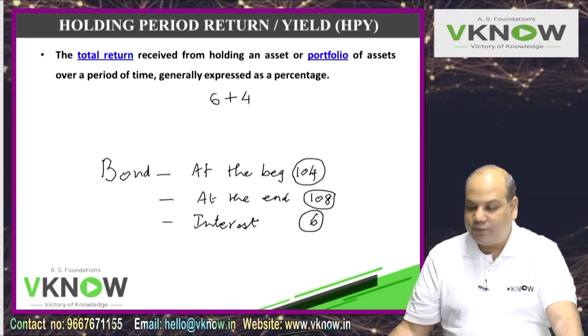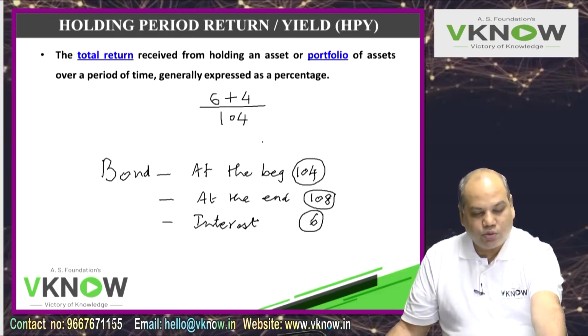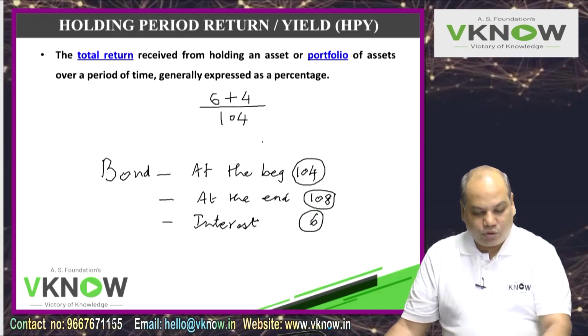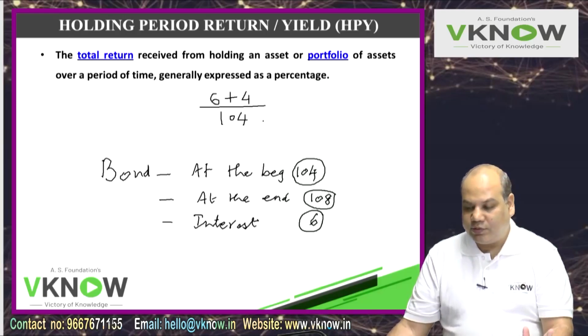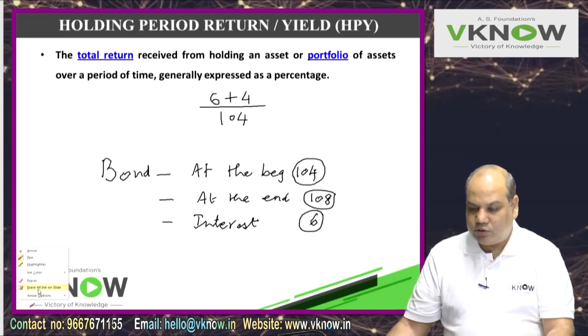You bought at 104 and now it is 108, so there is a 4 rupees appreciation. Total you earned 10 rupees on an investment of 104. So 10 divided by 104 is 9.61%. So the holding period yield is 9.61%, as simple as this.